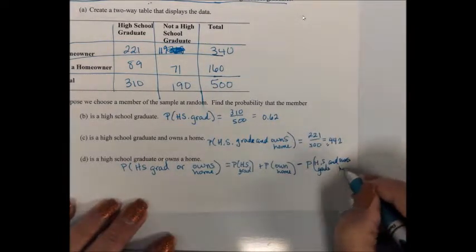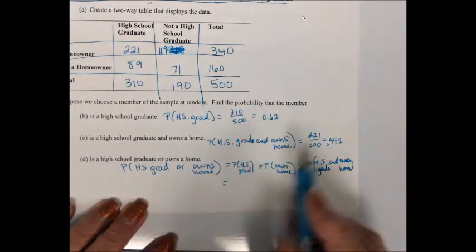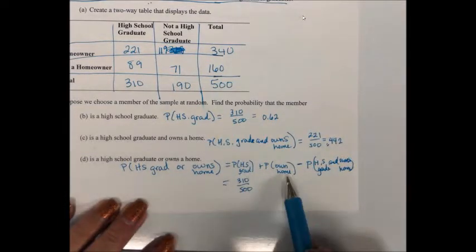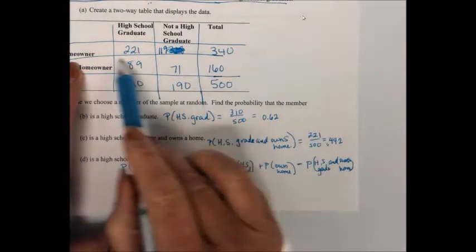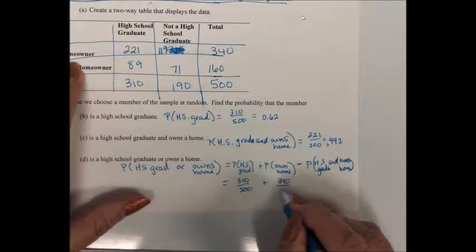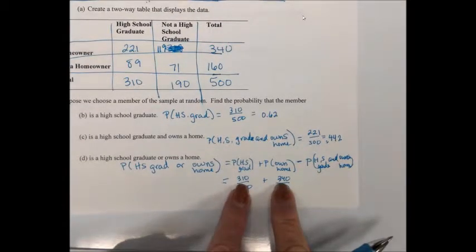So I've already found a couple of these. The probability they're a high school grad we already found was 310 out of 500. The probability that they own a home, there were 340 that owned a home. So notice if I added these up right now, I would get that there are 650 out of 500.